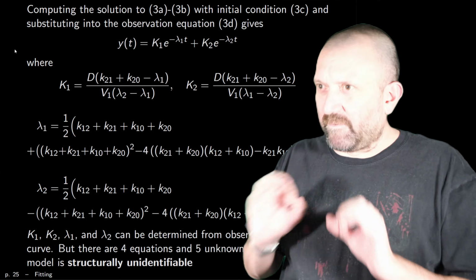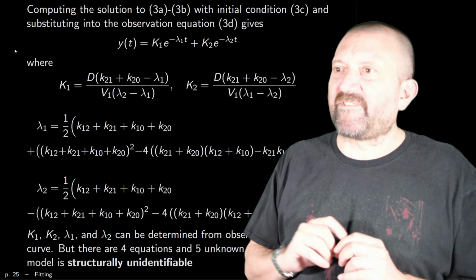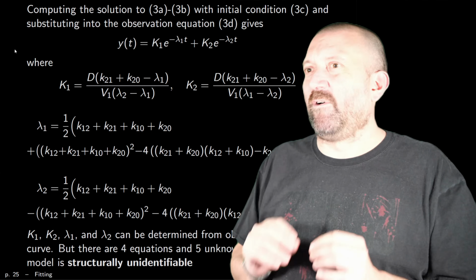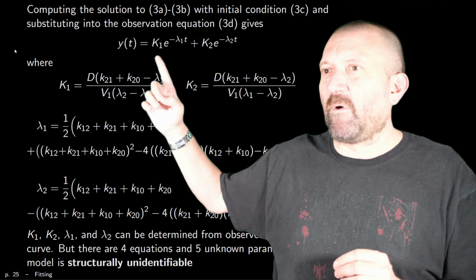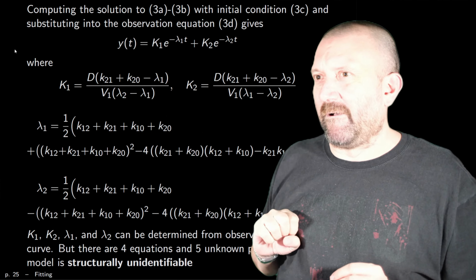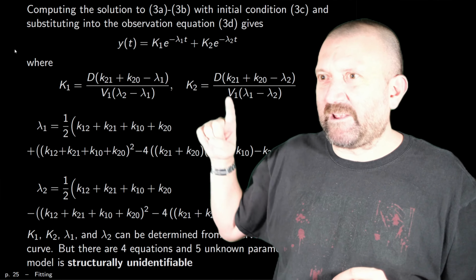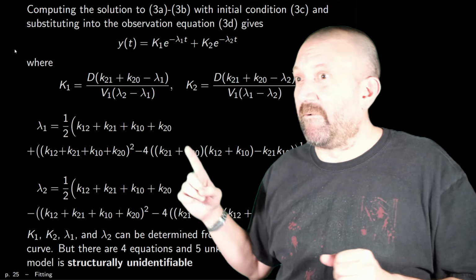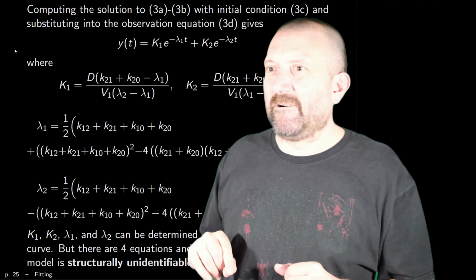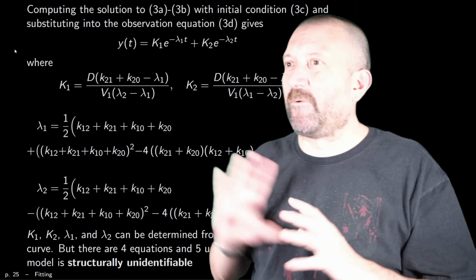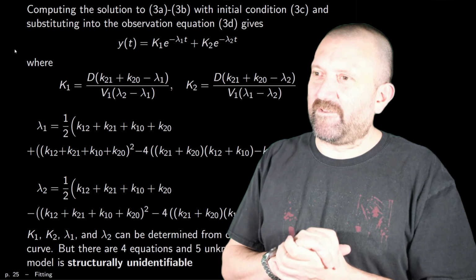Okay, so what we say is then that the model is structurally unidentifiable. So it is not possible to reconstruct y of t uniquely from these four values here, because there is one more thing that I have a v1, okay, here. So there's 5 unknowns and only 4 equations to describe these 5 unknowns.